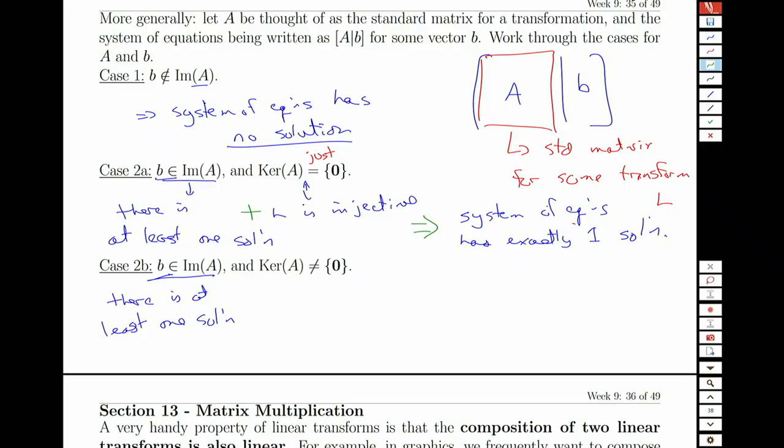And this means the kernel is larger. We can't get any smaller than just the 1 point. So if it's not the 0 vector, it's larger than just the 0 vector. Then we add that to L is not injective.